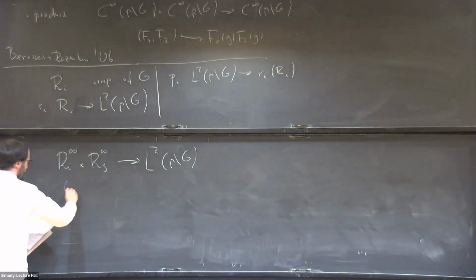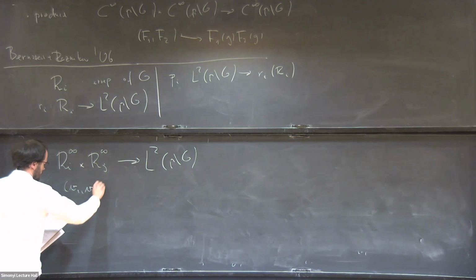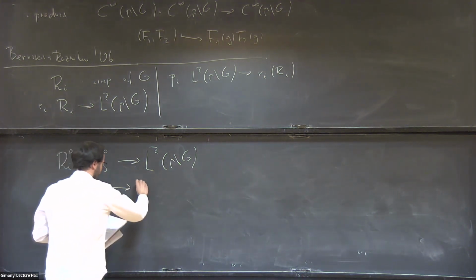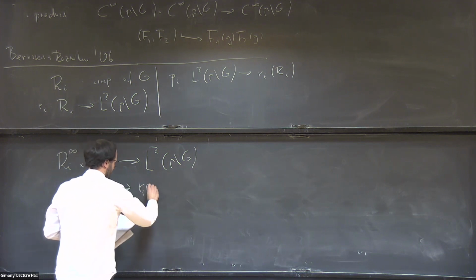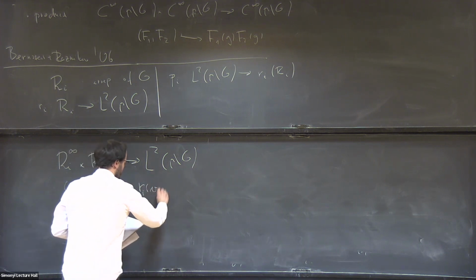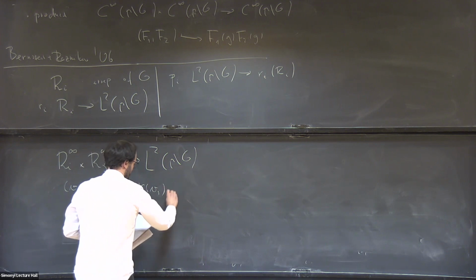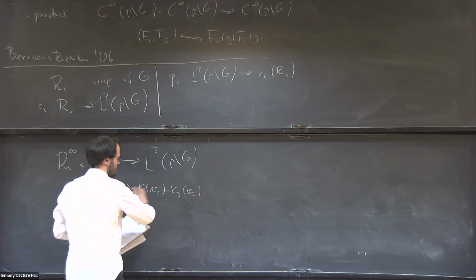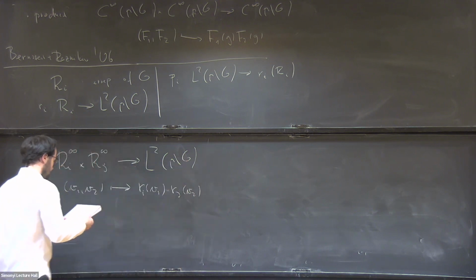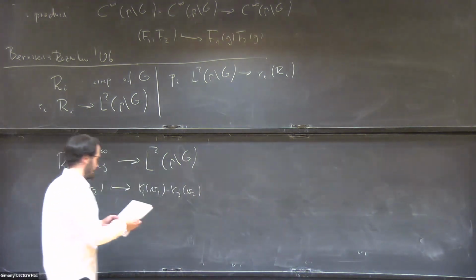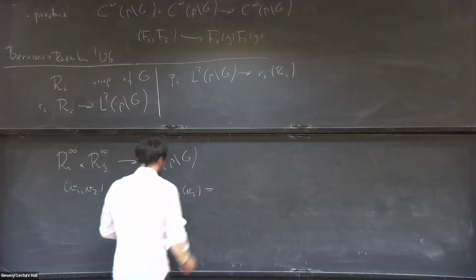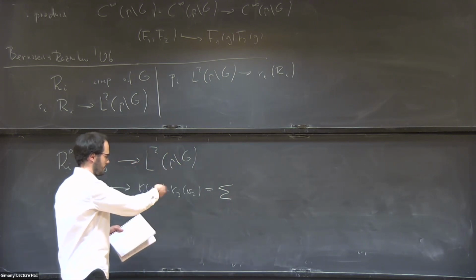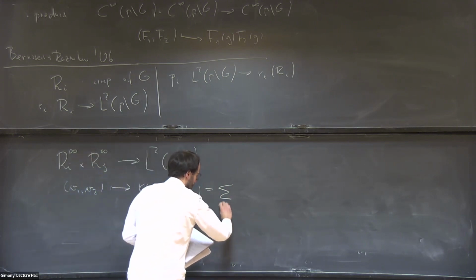So you can take some vectors V1 and V2 in Ri and Rj, and then we map our V1 to gamma, same thing for V2. So now this is some function on G mod gamma. That's what this means. And next we can just insert the identity of completeness.